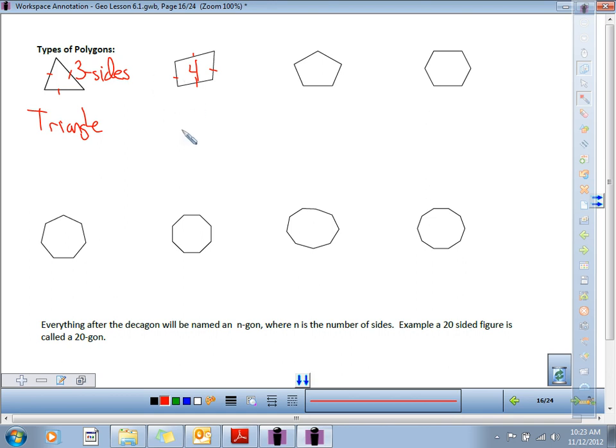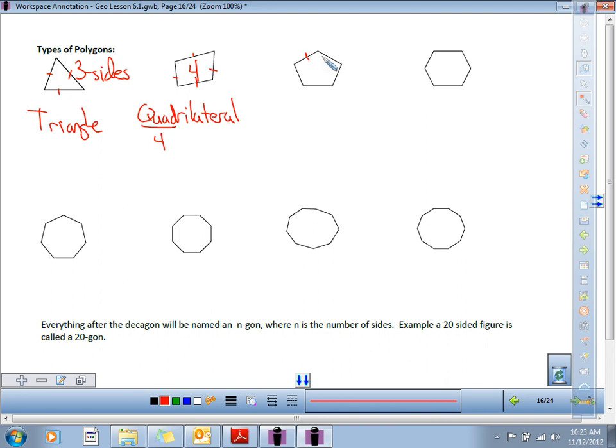Well, those are all types of four-sided polygons, but every four-sided polygon in general is called a quadrilateral. The prefix quad simply means four. You have your quadriceps, the muscles in your legs. They called that a quadriceps because there's four main muscles that make up the quadriceps.